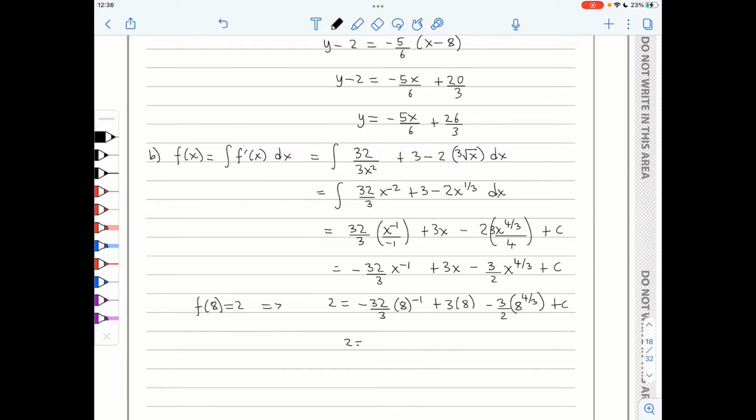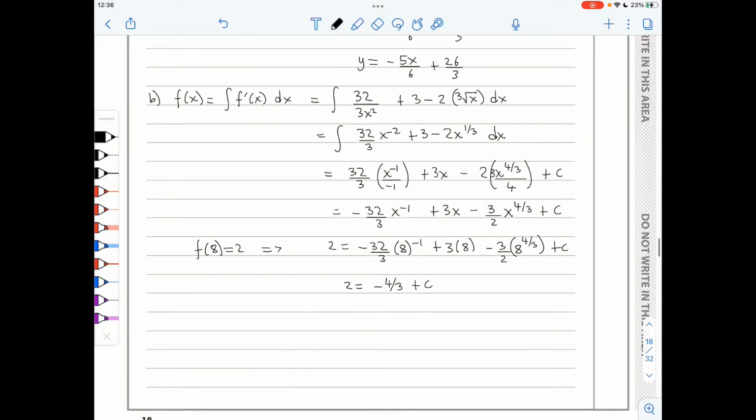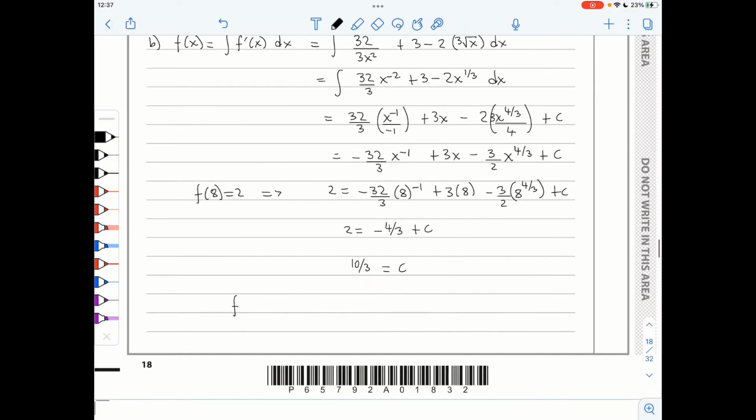So 2 is minus 4 over 3 plus c, which gives me a value for c, which is 10 over 3. And the only thing left to do to claim full marks is write f of x is minus 32 over 3x to the minus 1 plus 3x minus 3 over 2x to the 4 over 3 plus 10 over 3.